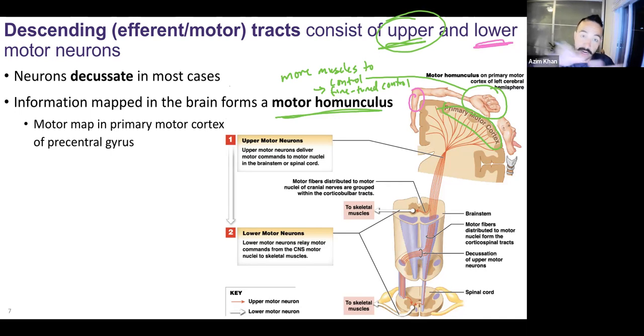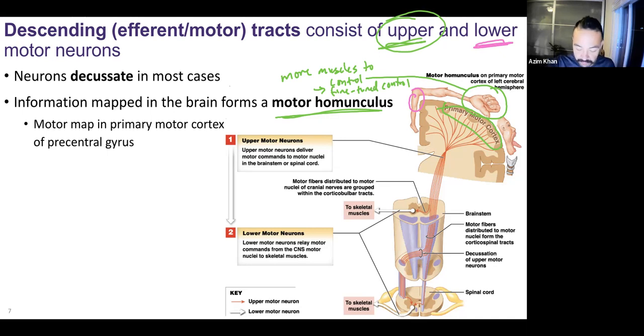So one neuron can branch and control like 1,000 or so fibers. That way you control them all at once. So there's way more divergence for these larger muscles, like the muscles of the quadriceps, and less divergence for fine-tuned motor control muscles, like the ones in your hand.